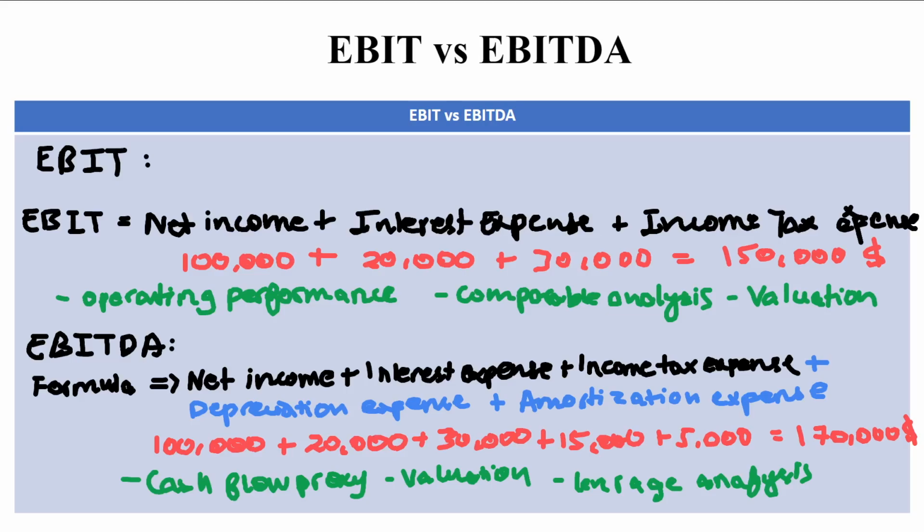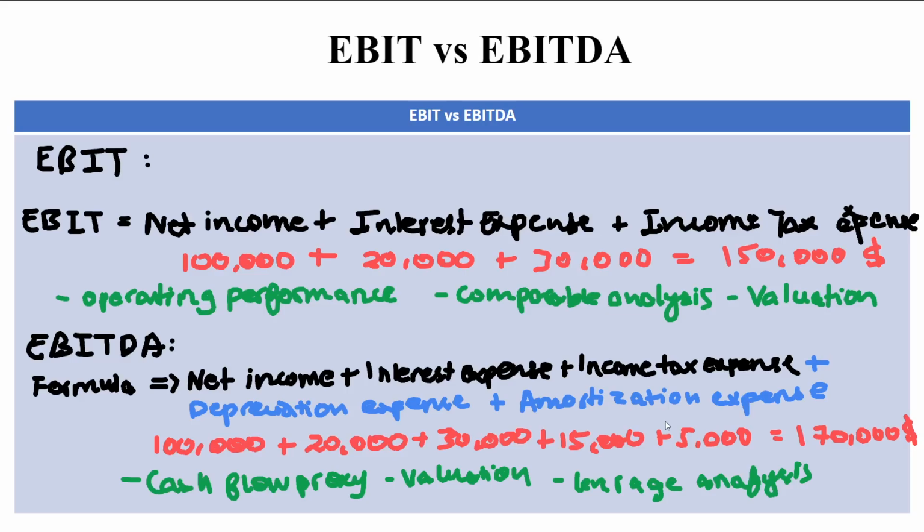Now, you might be wondering, which metric is better? The choice between EBIT and EBITDA depends on the specific analysis being conducted. EBIT is more useful for assessing a company's core operating performance, while EBITDA is more useful for estimating a company's cash flow and valuation.